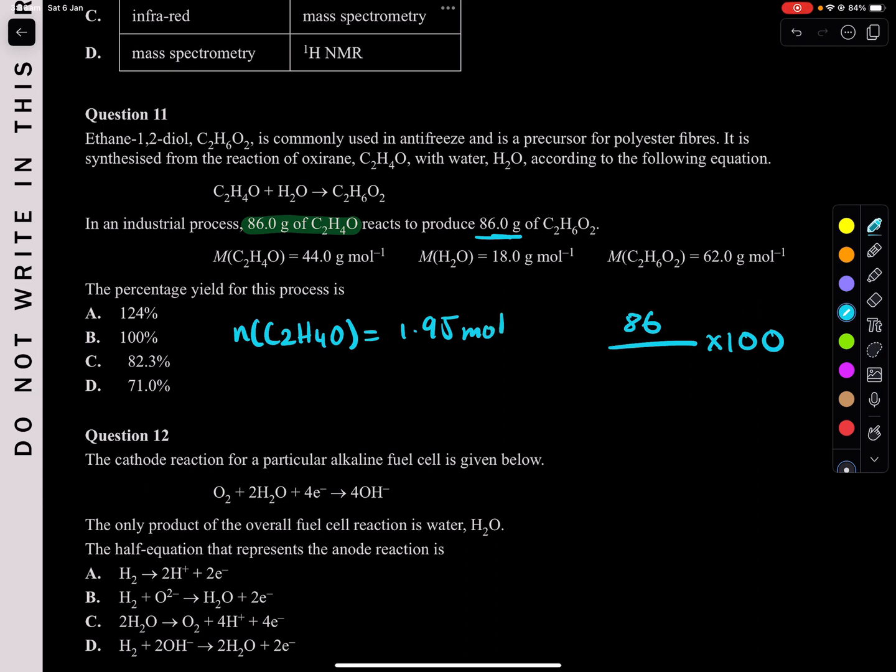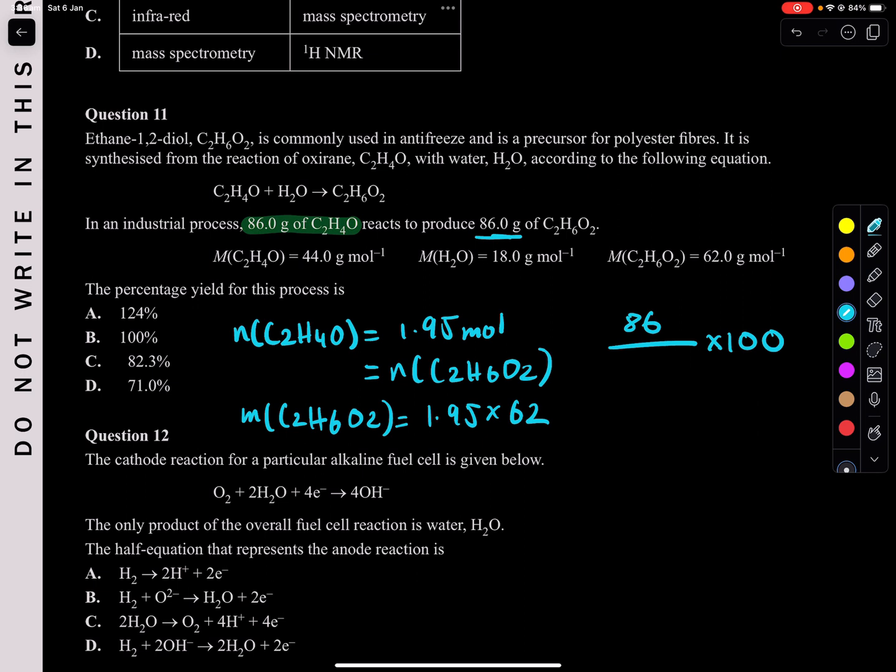Because it's a 1-to-1 ratio, this is still equal to the number of moles of C2H6O2. So that's great. Now we just need to multiply this to get the mass of C2H6O2. The mole of it, which in this case is still 1.95, we're going to multiply by the molar mass, which is 62.